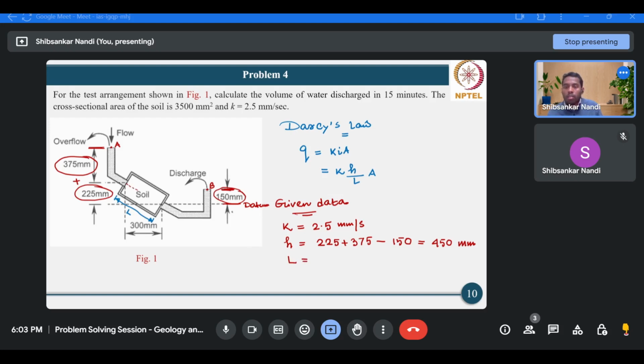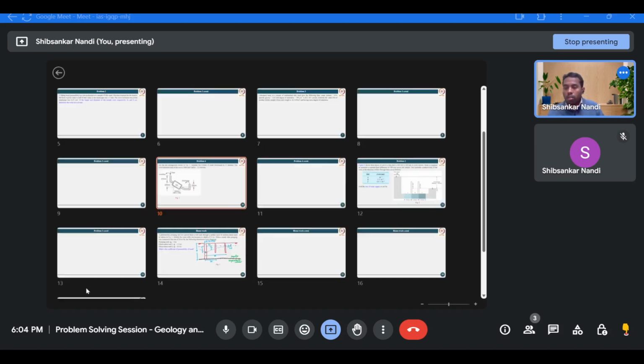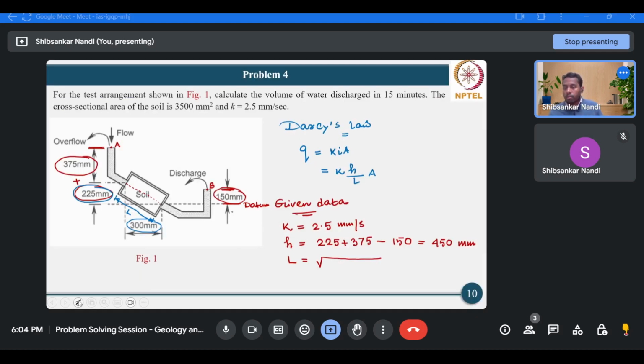So this is the triangle. So the perpendicular and the base value you know. So you can easily calculate this dimension. So this would be 300 mm. So this is the base value and this is the perpendicular. So 225 square plus 300 square.